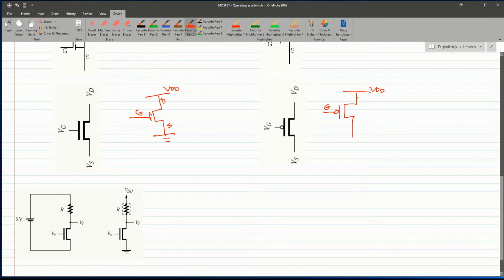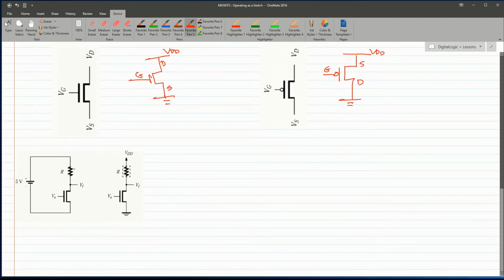Gate, drain, source. Whoops, I got that around the wrong way. Source, drain, and off to ground here.